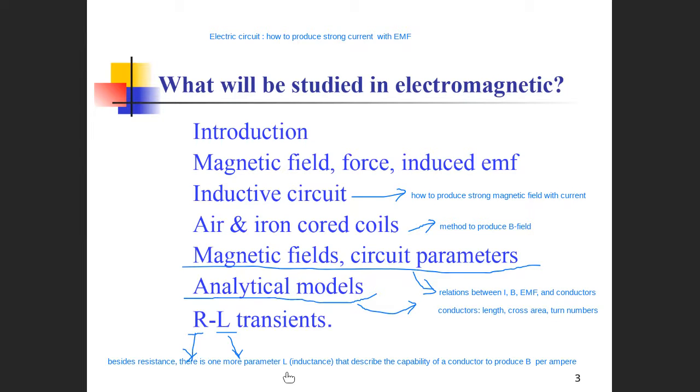So resistance is the capability of a conductor to consume voltage with 1 ampere. The inductance is the capability of a conductor to produce the magnetic field per ampere. So that's the subtitles I listed here, and in the slides that follow, we will go through these concepts one by one.